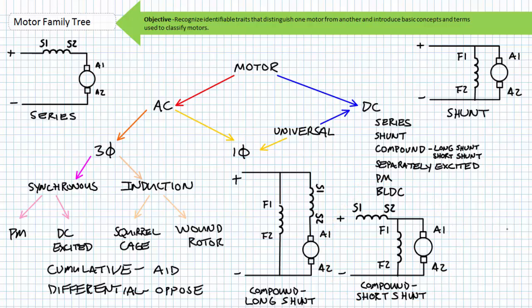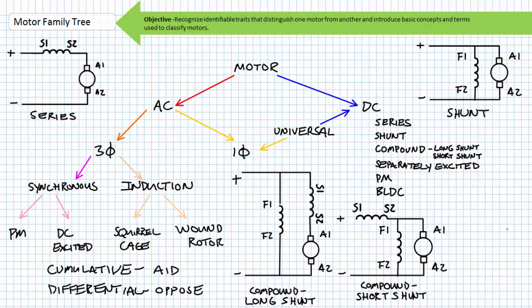The shunt and series windings inside a compound DC motor can either aid each other in the case of cumulative, or oppose each other in a differential configuration. Other configurations include a very easy to understand arrangement called a separately excited configuration, where the armature is fed from one source and the field is fed from another entirely separate source.